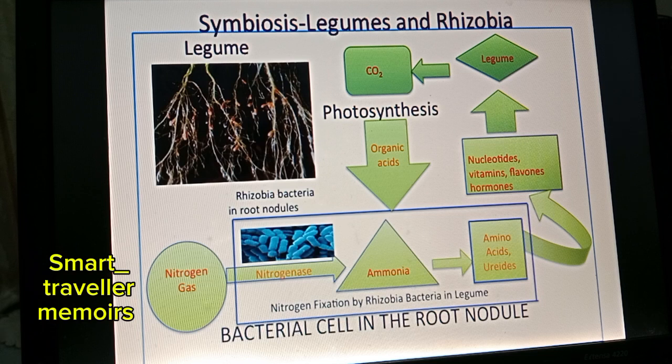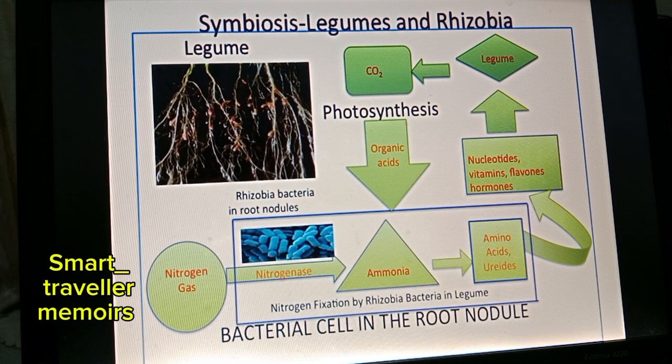You can see the area eaten bacteria cell in the root nodule, and you see what the bacteria does. There is an enzyme known as nitrogenase, which helps to fix nitrogen to ammonia. All right. This nitrogenase is, I think, produced by the Rhizobia in the root nodules.